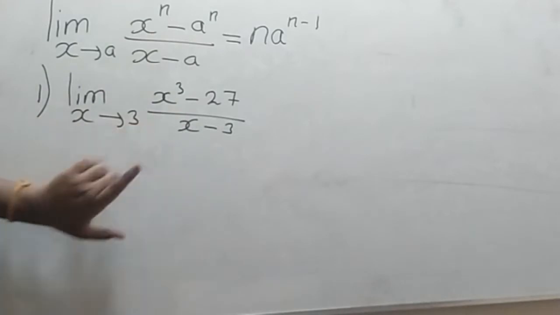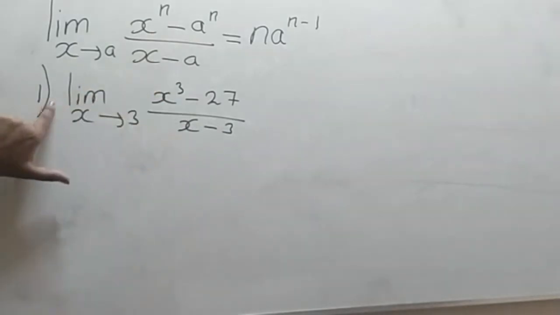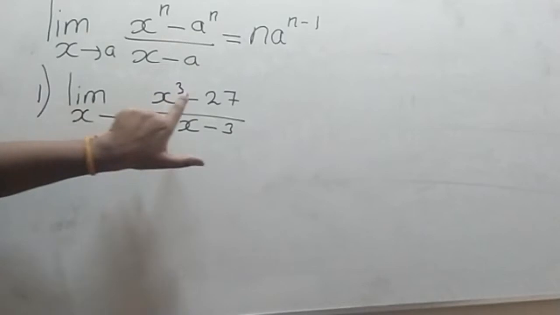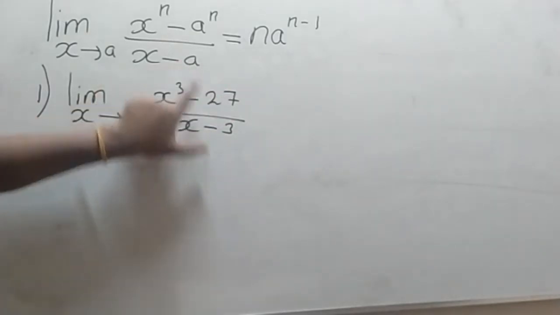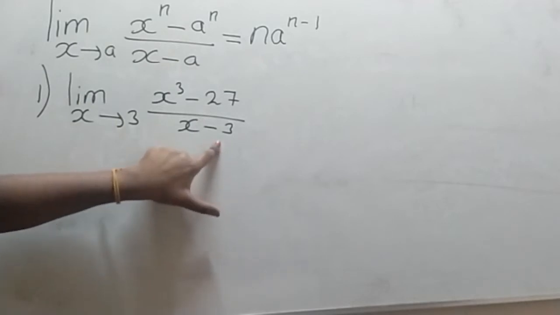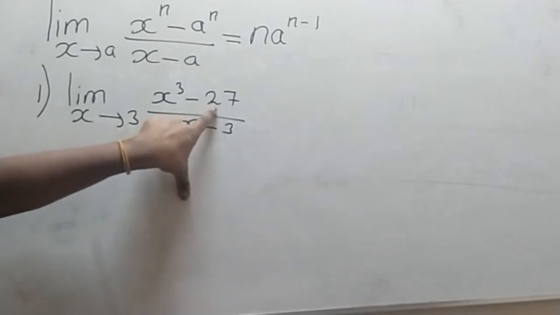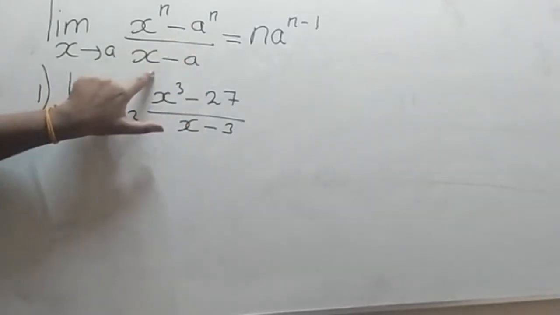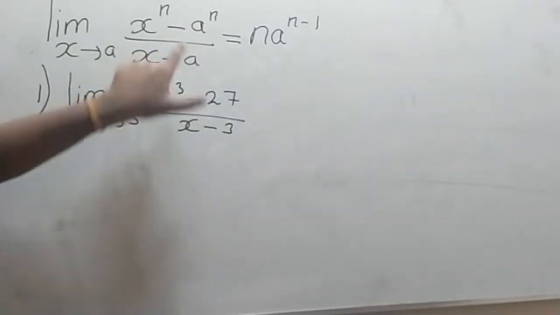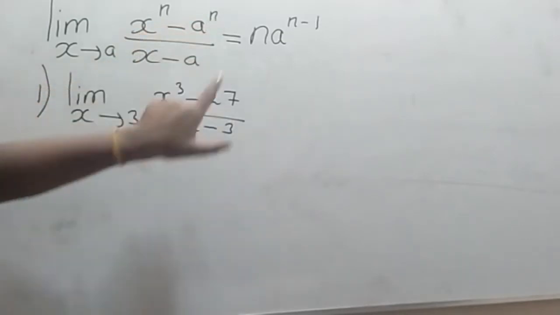If you see this question, similar to a, we have 3 here. Then here also there should be 3, a here, a here. Here x cube means n should be 3.